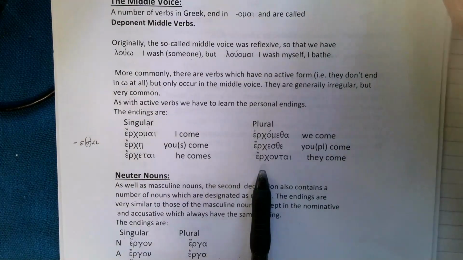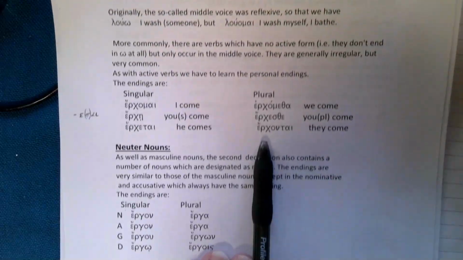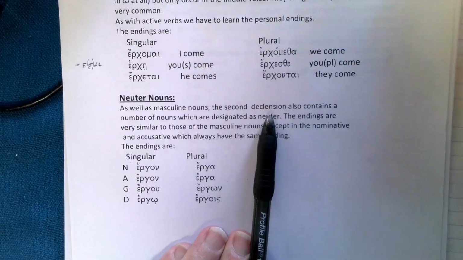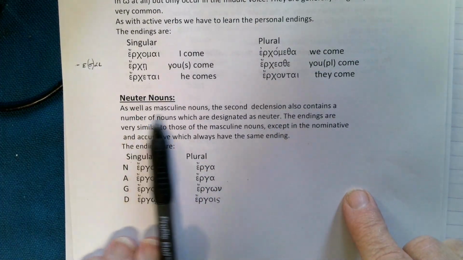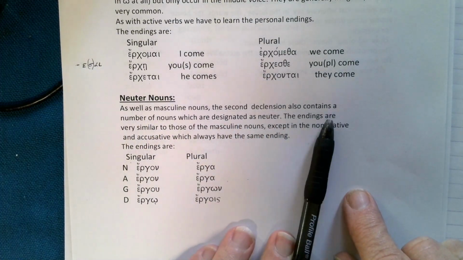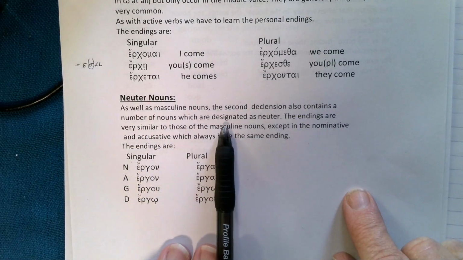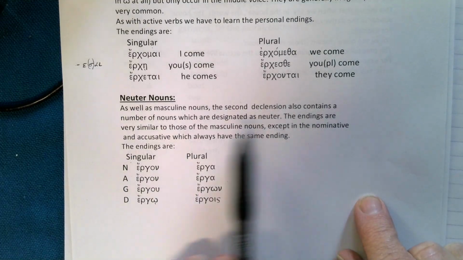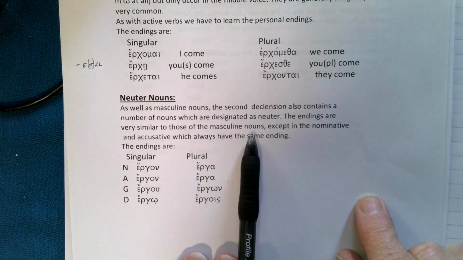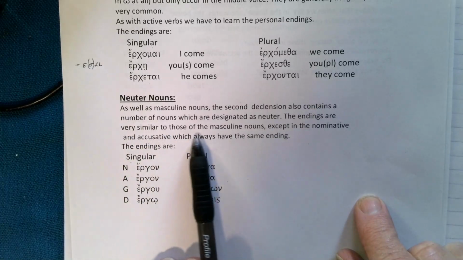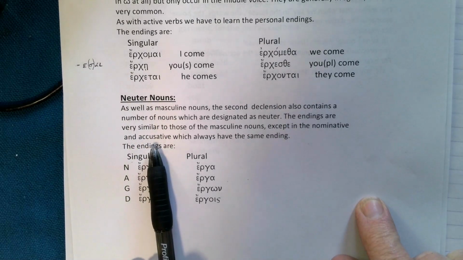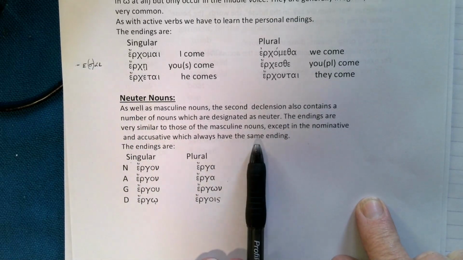Now the nouns we've had so far have been masculine, second declension nouns ending in os. We've had a couple of feminine ones as well. But as well as masculine nouns, the second declension also contains a number of nouns which are designated as neuter. These nouns are very similar to those, the endings are very similar to those of the masculine nouns, except in the nominative and accusative, and they're always the same ending in the nominative and accusative.